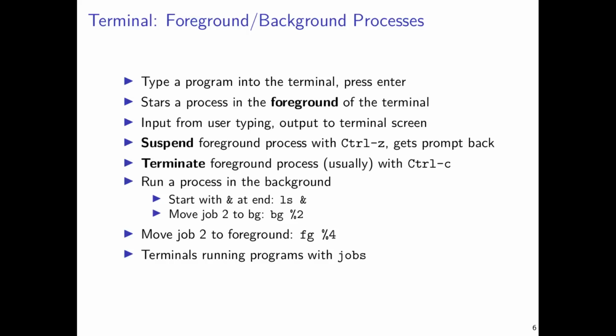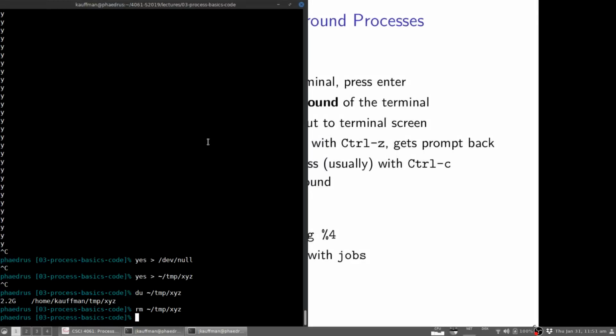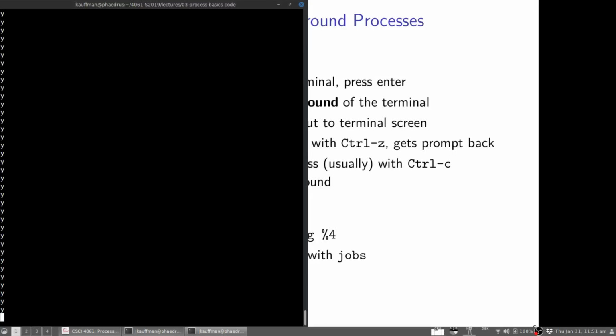This is offered by most terminal emulators, the canonical shell, as it were. So I'm going to jump back over here and type that yes command again, which is going to put things on the screen. The keystroke Control-Z will suspend that process.